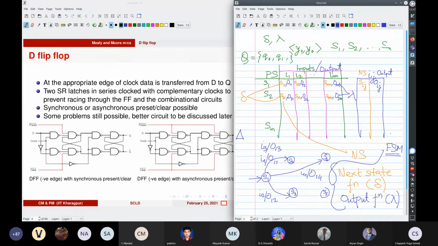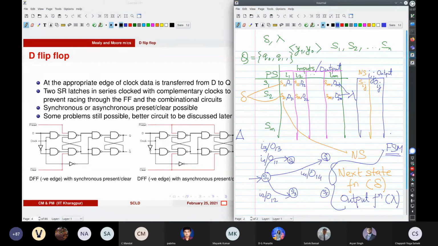On the other hand, if all the entries in the table are specified, then you have a fully specified finite state machine.